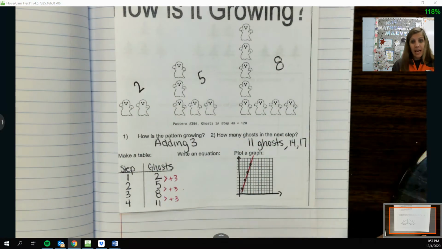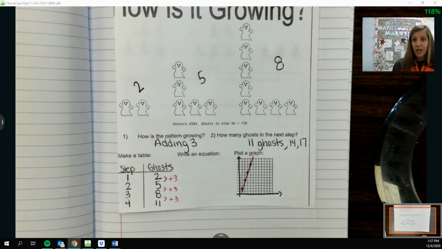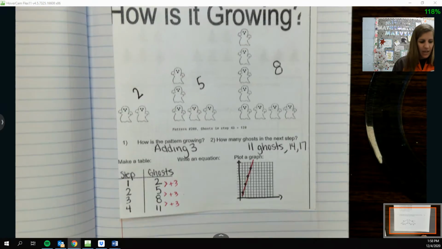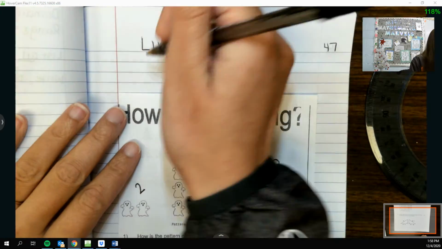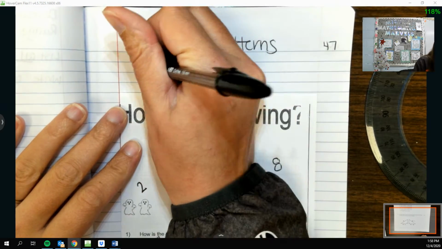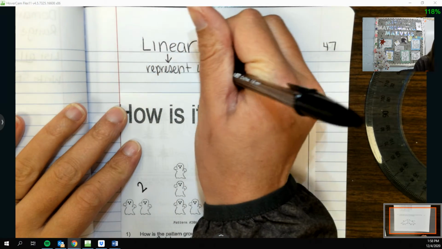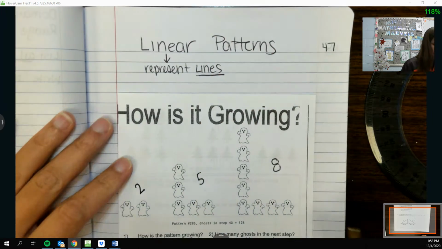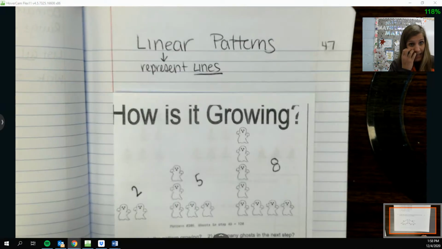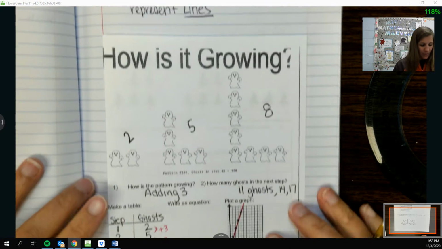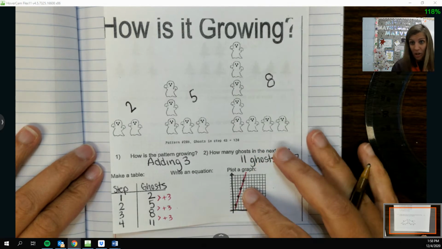That's why we call this a linear pattern. Linear is another word for line. So linear patterns represent lines. So I can see that it's a line in my graph because I can draw a straight line through it.